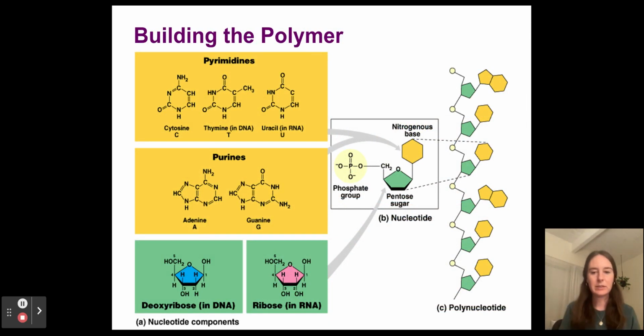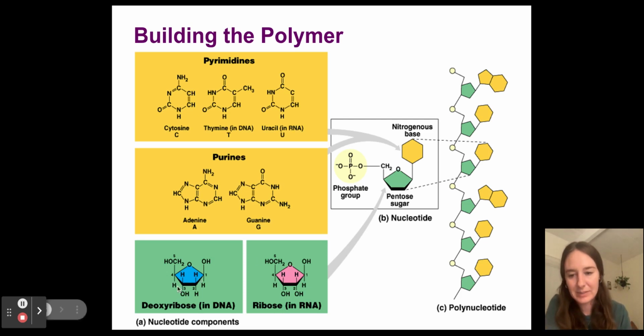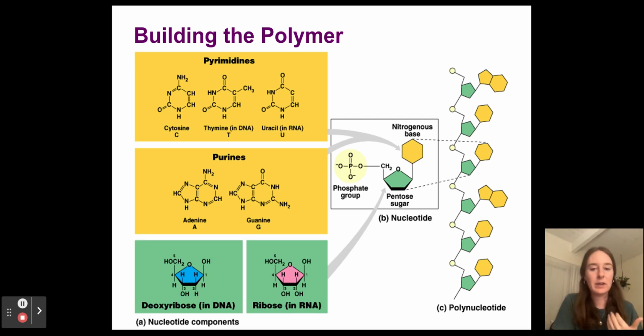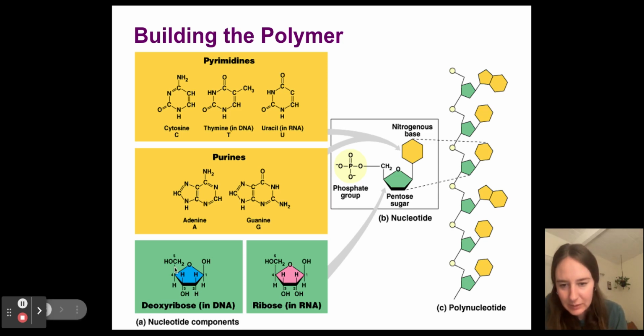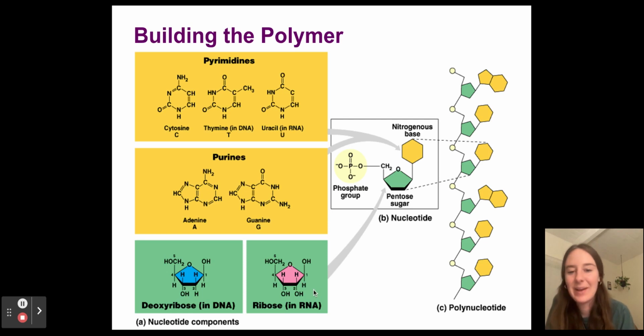Now, why is that? Well, let's look closely at the chemistry of these molecules. So deoxyribose, de means not, and so deoxy means one less oxygen. Do you notice in this picture a lack of oxygen compared to this ribose over here? Take a moment, look closely at it. Do you see less oxygen on this side?